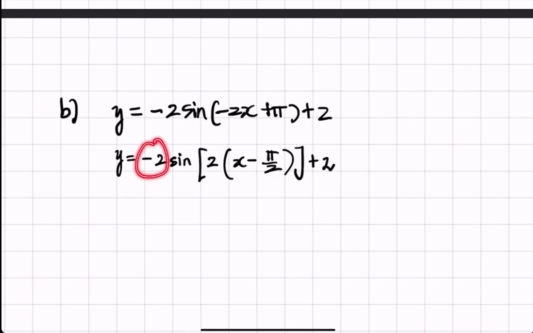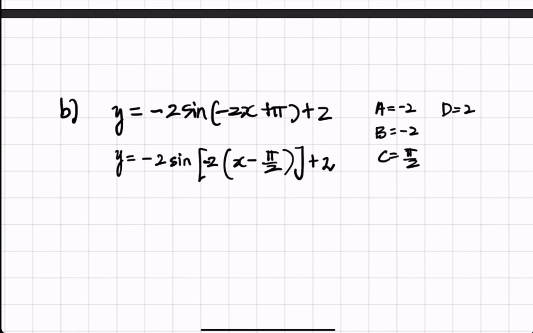This is A. Oops, negative 2, sorry. This is A. This is B. This is C. This is D. So, A is negative 2. B is negative 2. C is pi over 2. D is 2.